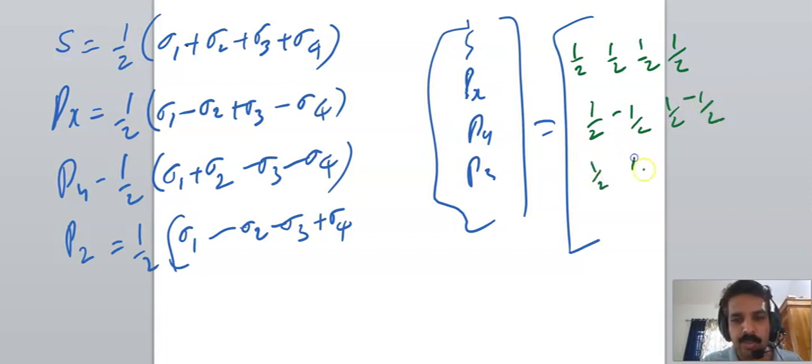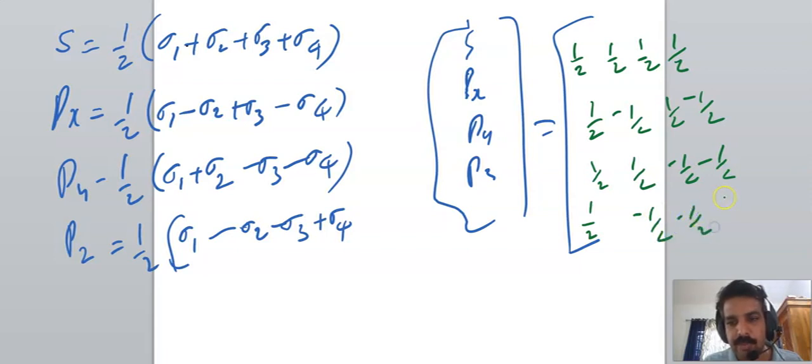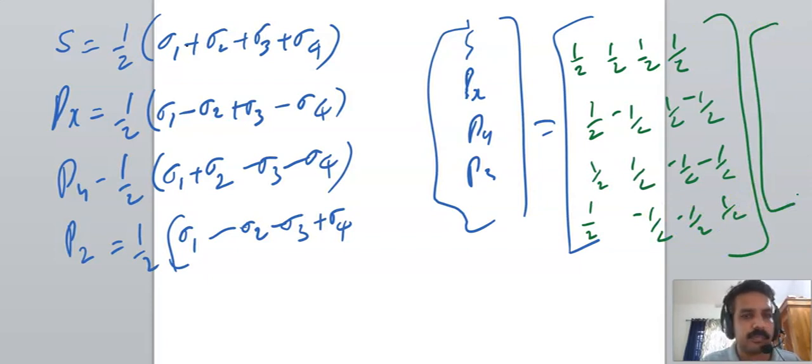The third row is 1 by 2, 1 by 2, minus 1 by 2, minus 1 by 2. The fourth row is 1 by 2, minus 1 by 2, minus 1 by 2, 1 by 2, multiplied by sigma 1, sigma 2, sigma 3, sigma 4.